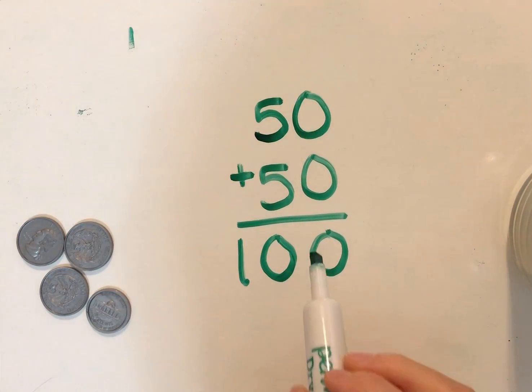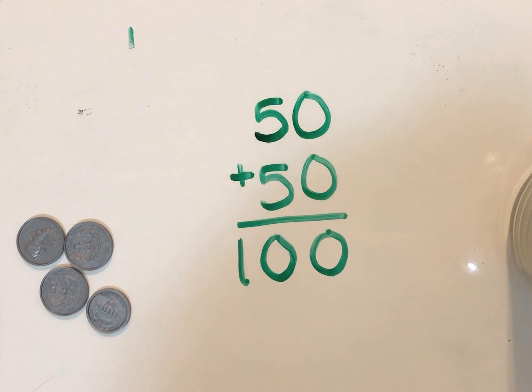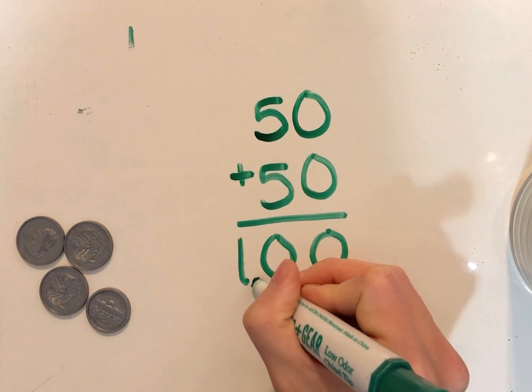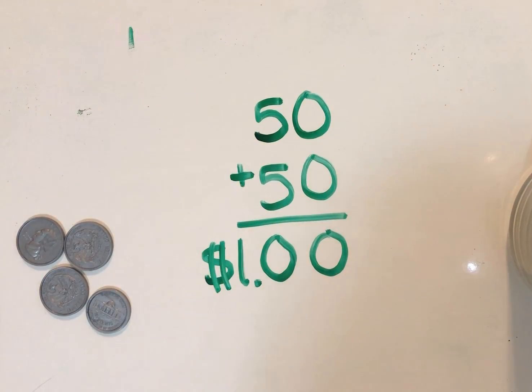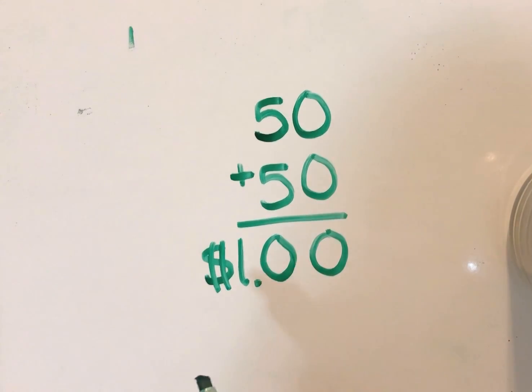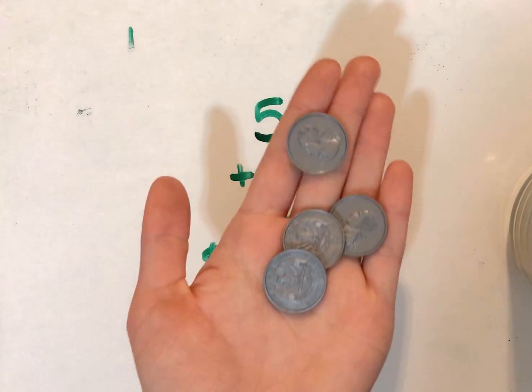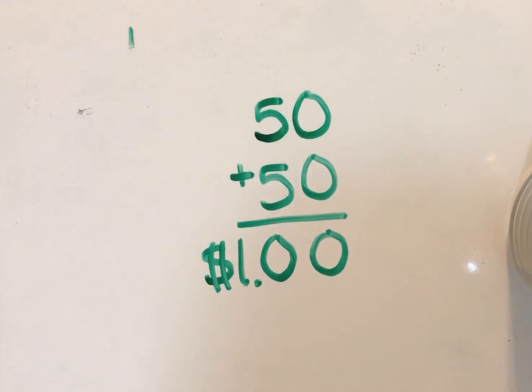So I actually have 100 cents right here. And 100 cents is equal to $1. So we could say $1, or we could say 100 cents. But right here I have $1 when I have these 4 quarters. So that's how we would count our quarters. You would count them by counting by 25s.